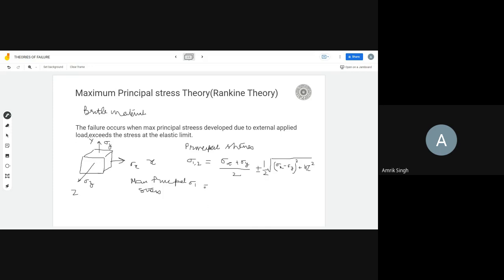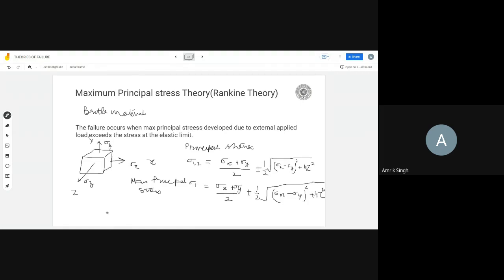Sigma 1 is equal to sigma x plus sigma y by 2 plus half under the root, sigma x minus sigma y whole square plus 4 times tau squared.